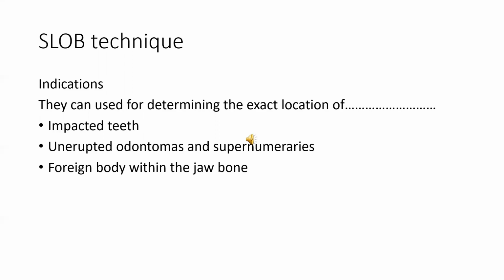You will have to locate two mesial root canals in a mandibular tooth, and you would use your files and take a radiograph, and then you'll have to detect which one is buccal and which one is lingual, and at that time the Slob technique will be used by you very frequently compared to the other indications. So please do remember, it is an easy technique. It just involves two radiographs, and that has to be taken with a different horizontal angulation.